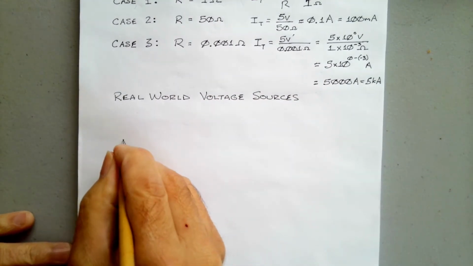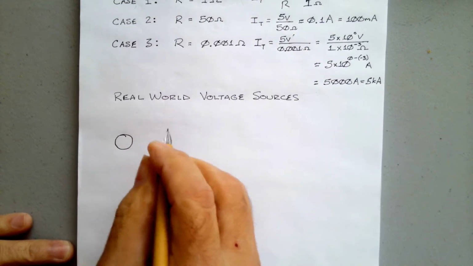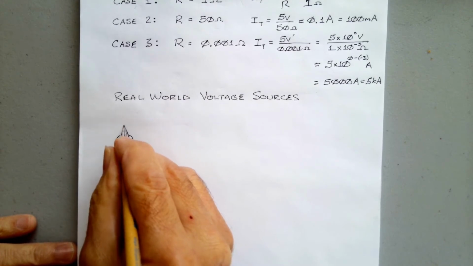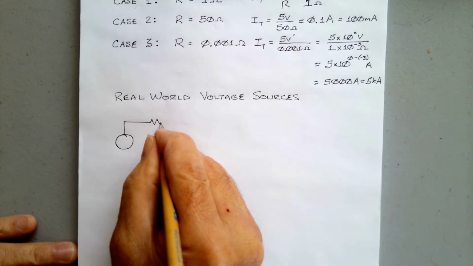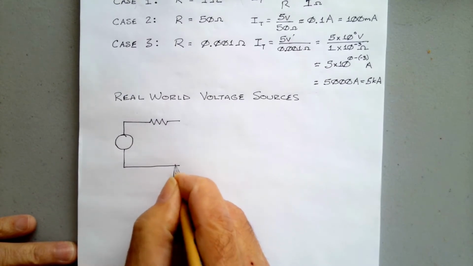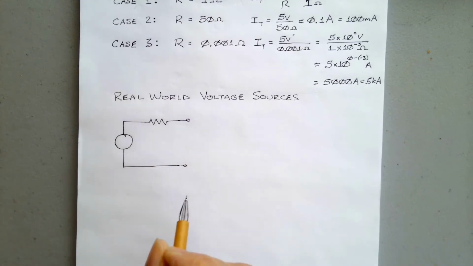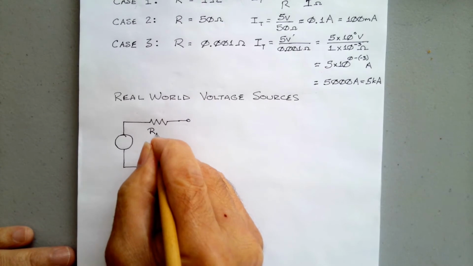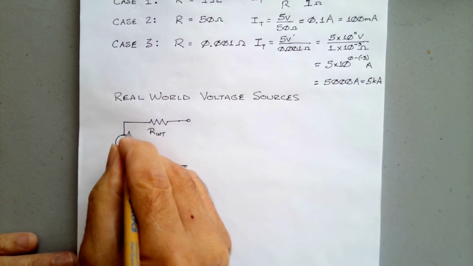So a real world voltage source, we can imagine it as containing an ideal voltage source, but also having a series resistance. This resistance, we can call it maybe R internal or RS for series, and here's our voltage source.